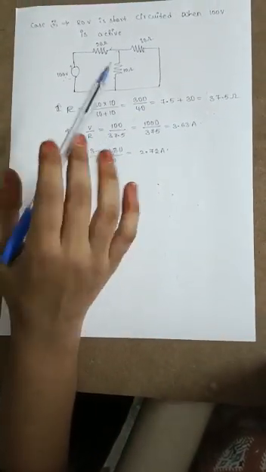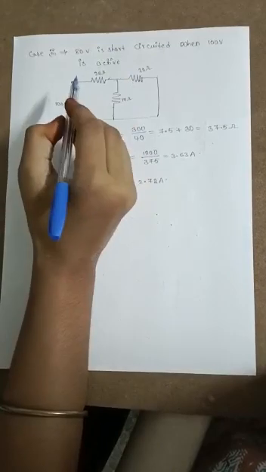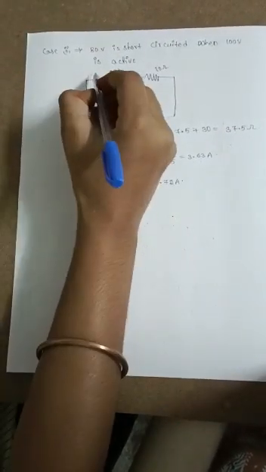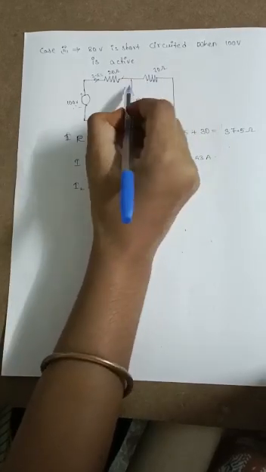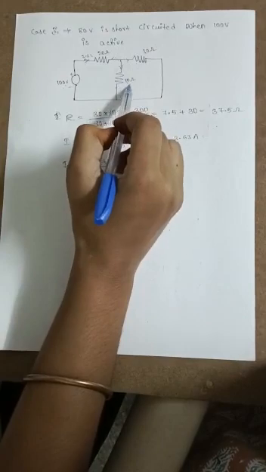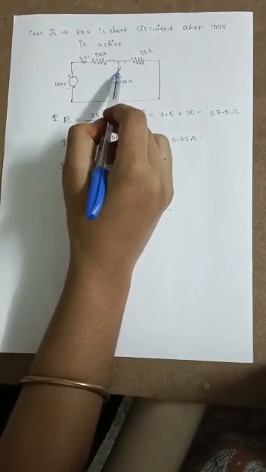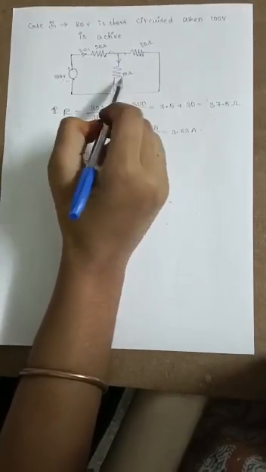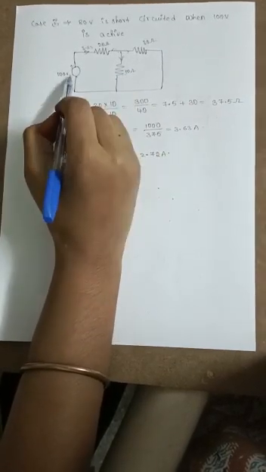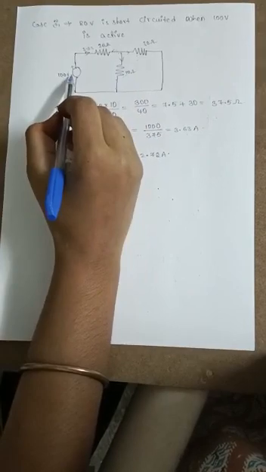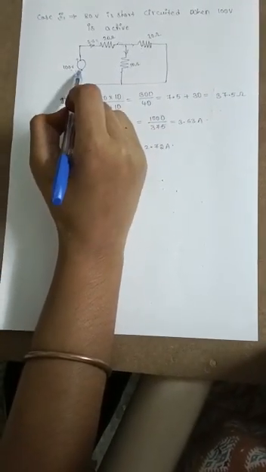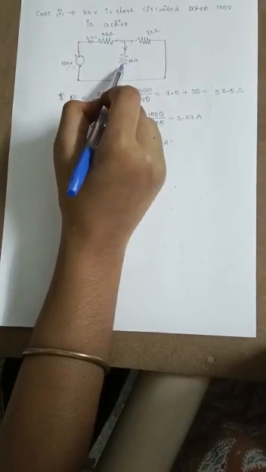To find the total current, here the current 3.63 will be split depending upon the value of the resistance. We have to calculate the current through the 10 ohm resistance, that is, the current generating from 100 volts to the 10 ohm resistor.